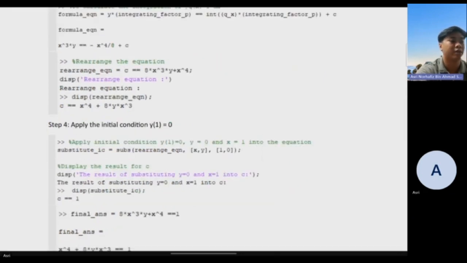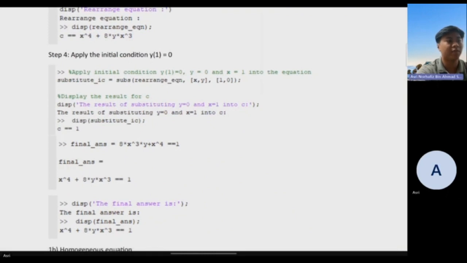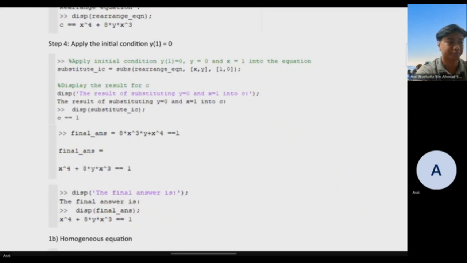Rearranging the equation, I get c equals x⁴ plus 8yx³. Step 4, apply the initial condition y(1) equals 0 into the equation.